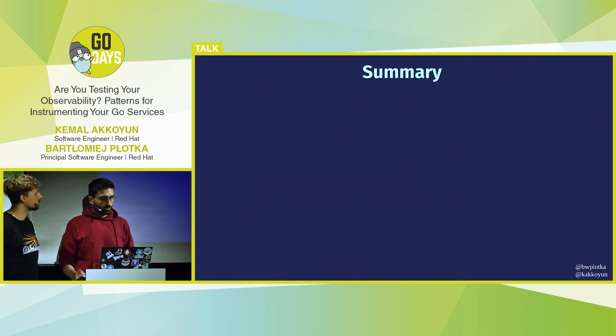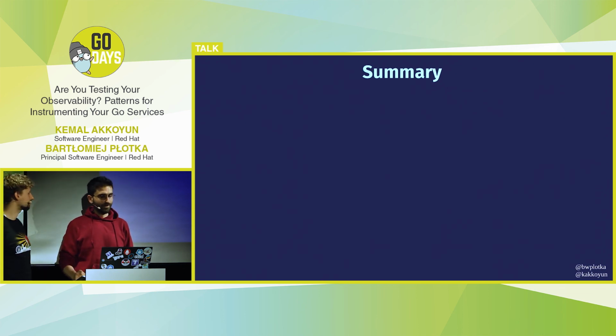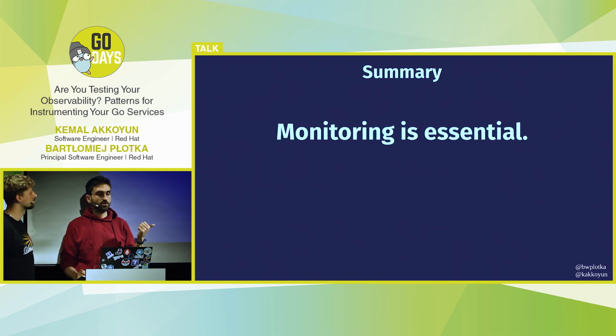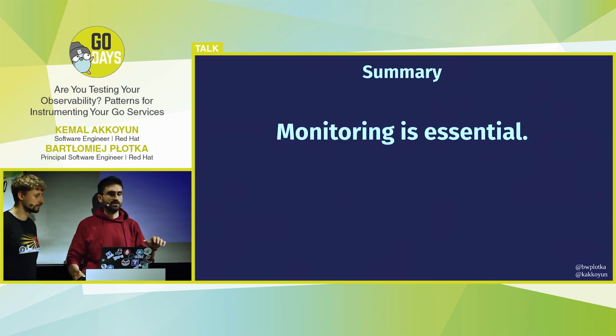Yes, to sum things up, I need to hurry a bit. I'm out of time. So if you want to take 3 points from this presentation, please take those 3 points. First of all, monitoring is essential. Please monitor your apps, instrument them with whatever you have, metrics, maybe traces, maybe logs, something, because you need to know what's going on in the running system.